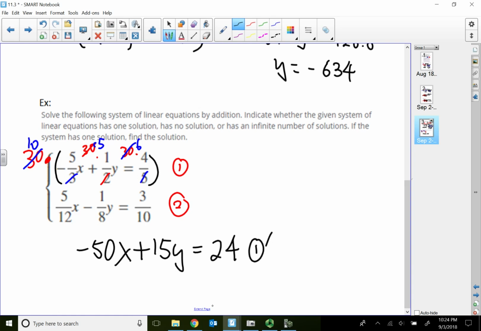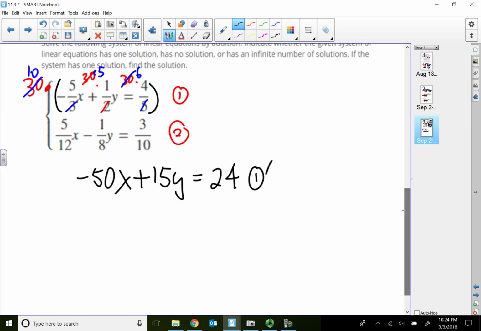Alright, second one, the LCD between 12, 8, and 10.